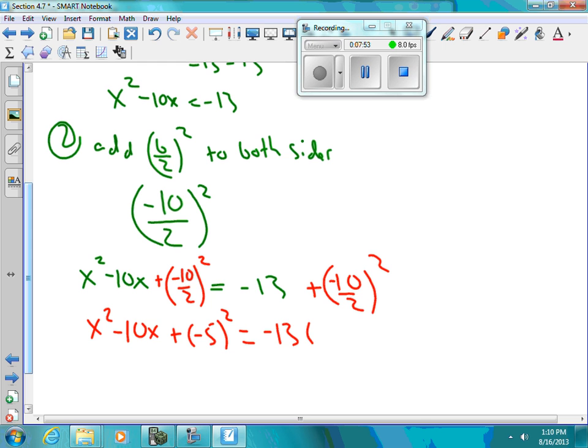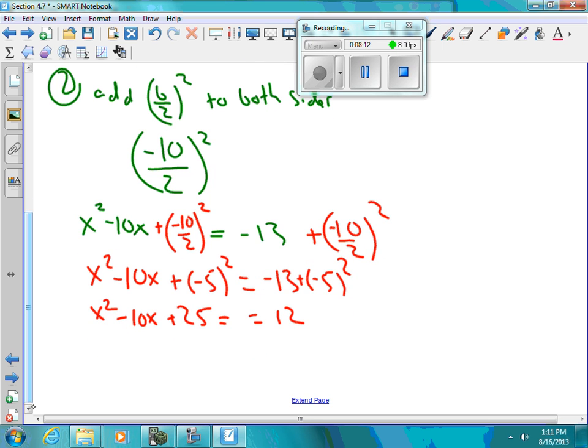On both sides, plus negative 5. And negative 5 squared is 25. So x squared minus 10x plus 25 equals, well, 25 plus negative 13 is 12. So now we have this equation, x squared minus 10x plus 25 equals 12.